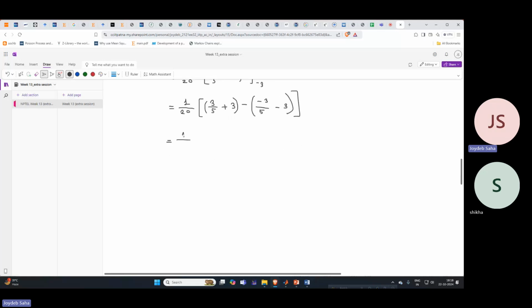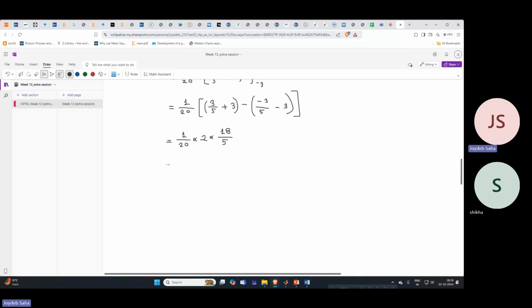So basically it becomes 1 upon 20 multiplied with 2 into 18.